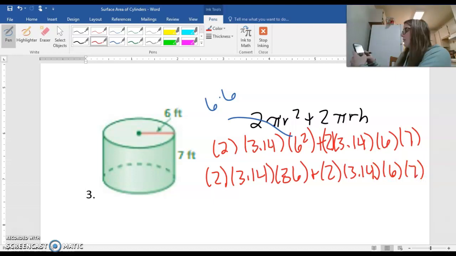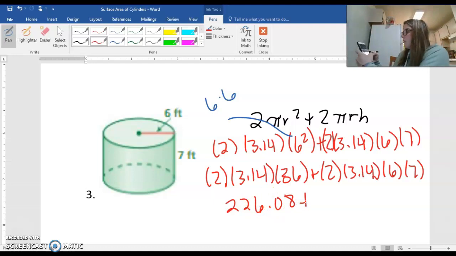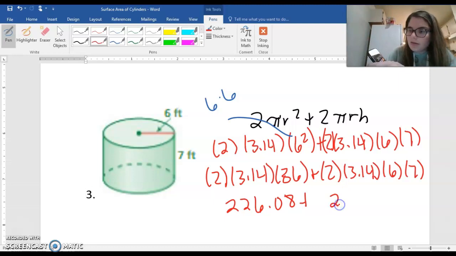So we're going to multiply that out. 2 times 3.14 times 36 gives 226.08, plus 2 times 3.14 times 6 times 7, which is 263.76.